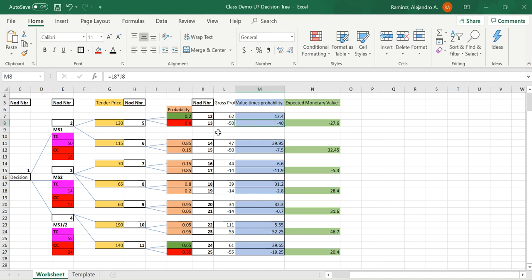Okay, so I'll just do it for you just because I'm doing that. You already know how to do this. Whatever I find in this one times whatever I find in the probability. So in this case I have the value times probability, so it's 12.4 and minus 40. Don't pay attention to that, because what we have to know is the expected monetary value of the whole node, that means of node number 2.